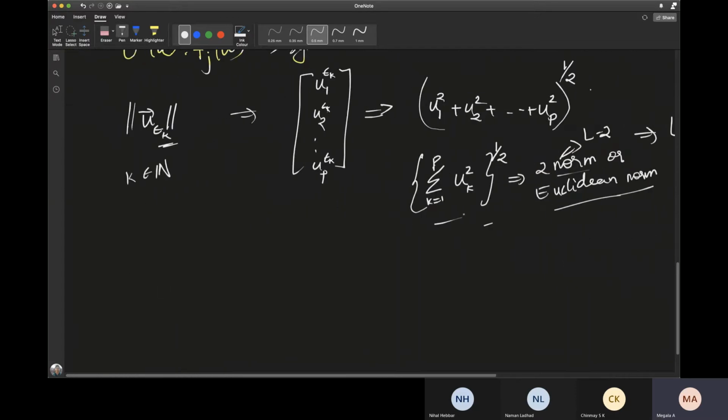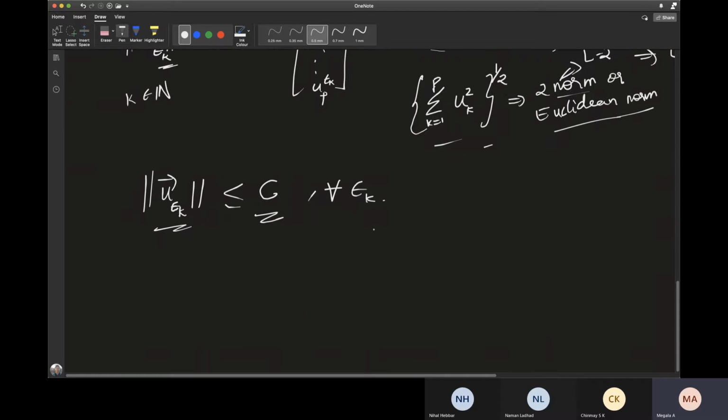So for any vector you can find such a norm. The first condition that you are stating is this: the norm must be less than or equal to some constant for all epsilon k. We can have many epsilons, right? So for all possible epsilons, the value of the norm must be bounded by that.